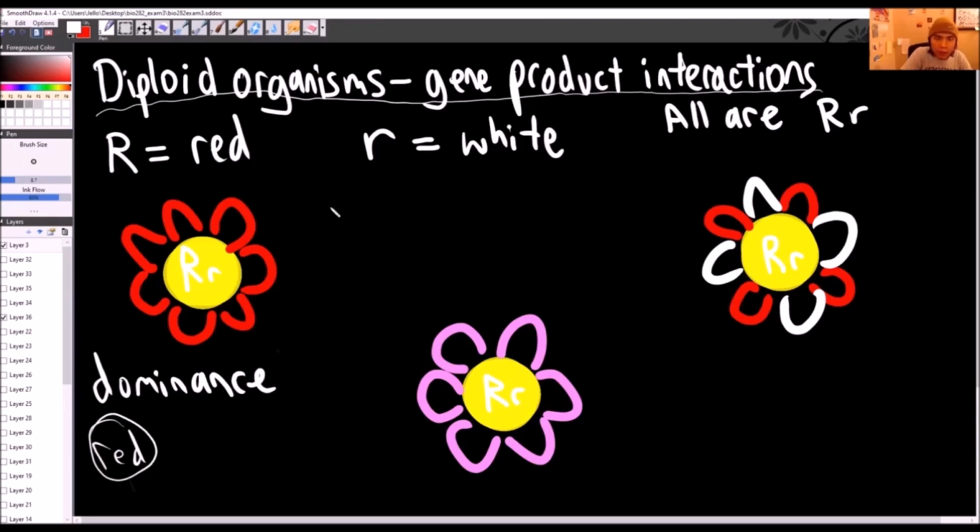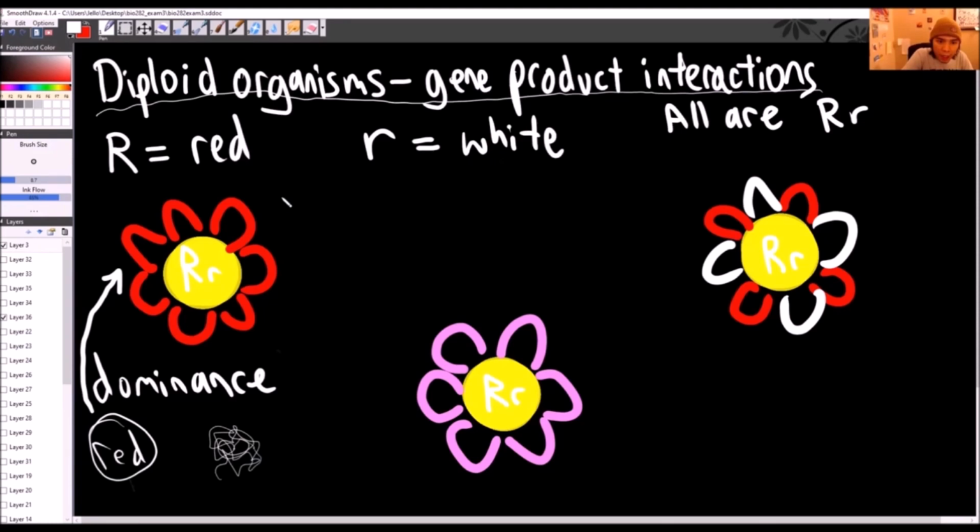But the little r allele might have been mutated down the line, so it is dysfunctional now. It might just produce a polypeptide that is no longer a pigment. It doesn't really do anything. It's still made, but it's not really a pigment protein anymore. So there is only one kind of protein that can influence the color, and by default, that is red.